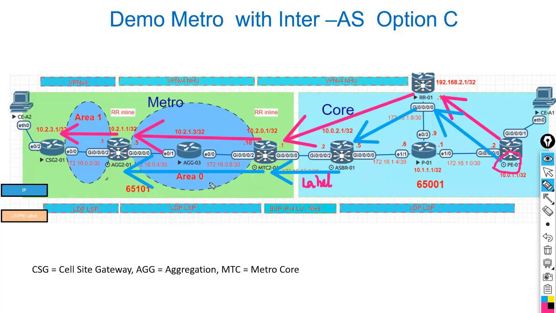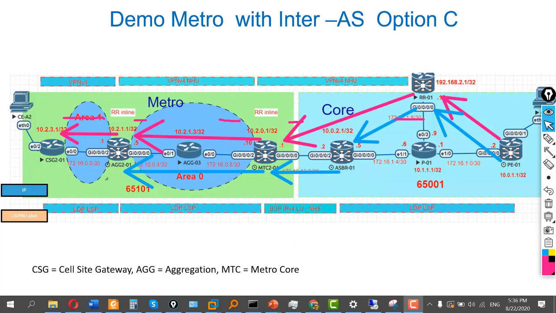The metro core then also advertises this prefix to the AGG router with a label. These labels are BGP label unicast labels. So from CSG, when it wants to communicate with the PE router here, the next hop will be the PE router in the core network.